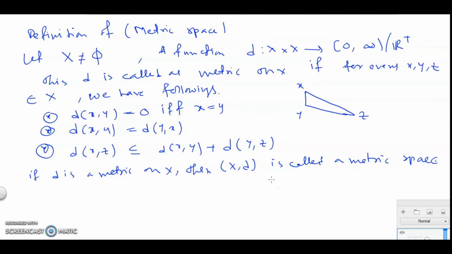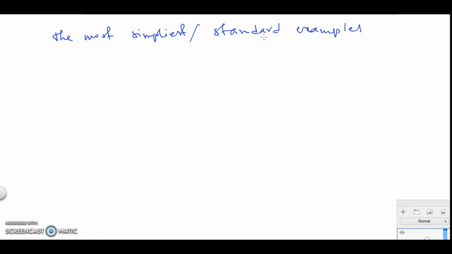Now the simplest or standard examples of metric spaces. First one is the real number space, that is the set of all real numbers, and we are giving the distance metric d as the Euclidean metric.